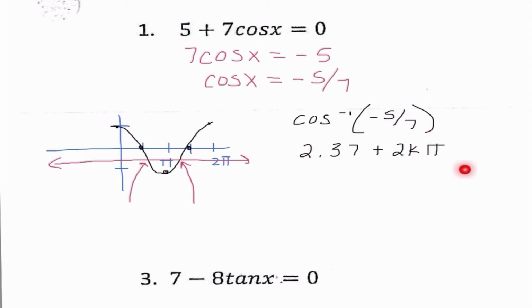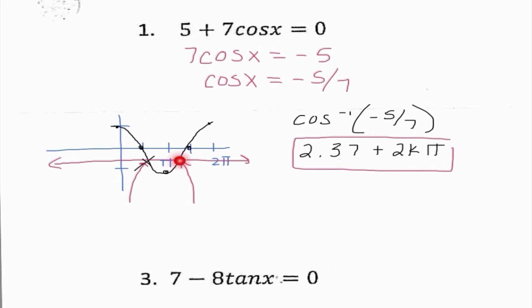And so every single 2 pi, because that is the period, we're going to have another answer like this. So what we're going to do, we're going to add 2k pi. K represents a constant. So this would be like adding 2 pi, 4 pi, 6 pi, a million pi, etc. So this is my first answer, and in fact, this is my answer that was right here.